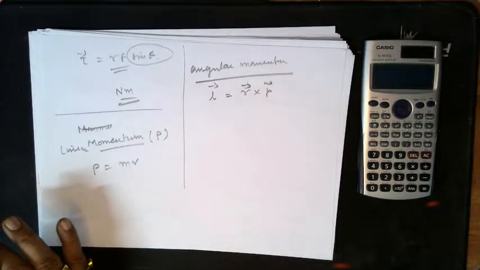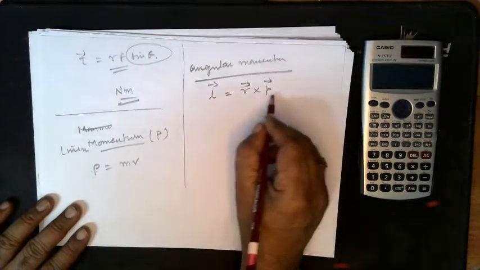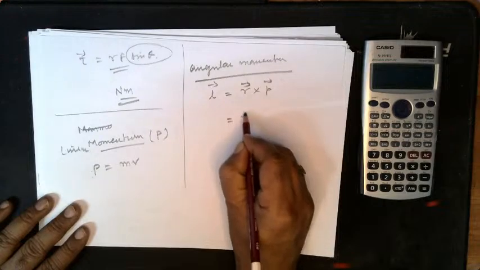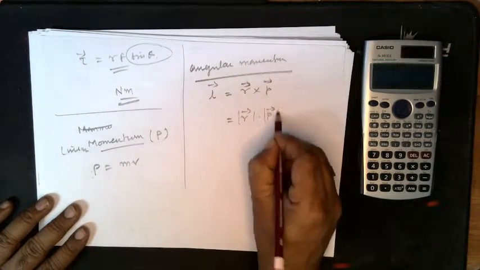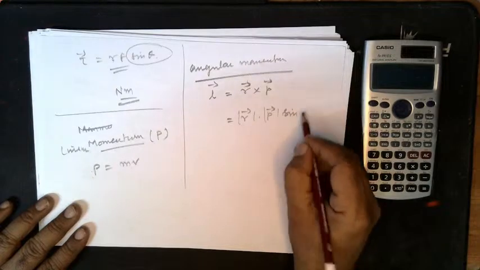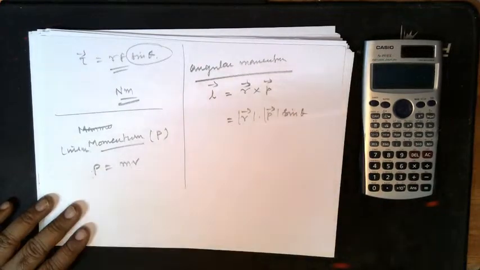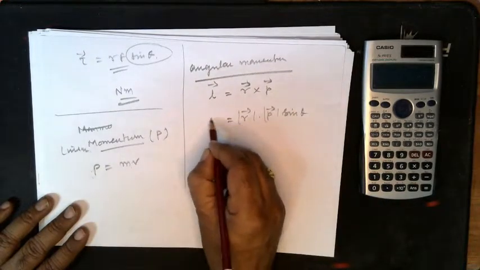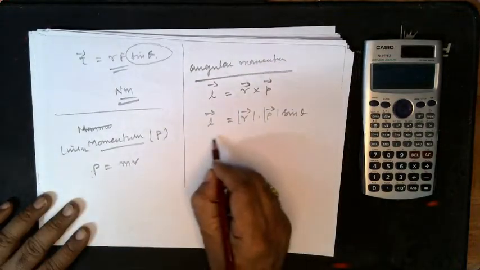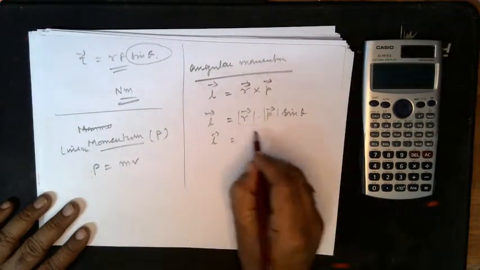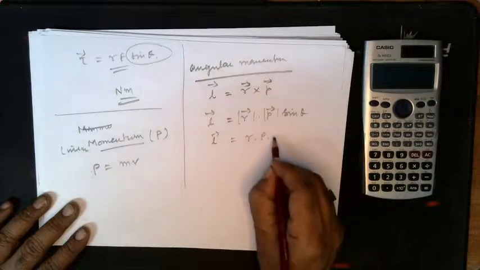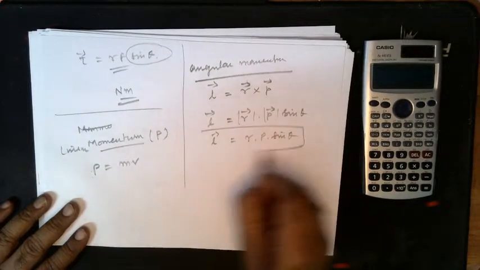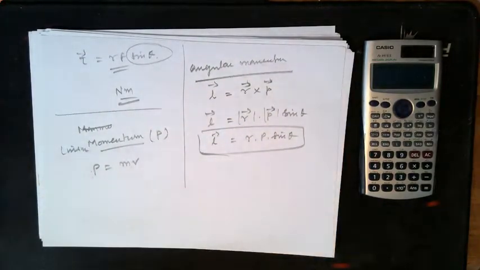Again, you can expand this. R vector modulus, then P vector modulus into sin theta n cap. N cap taking unity, you can leave it as sin theta. Therefore L vector is equal to R magnitude P magnitude into sin theta. Take down, so RP sin theta.